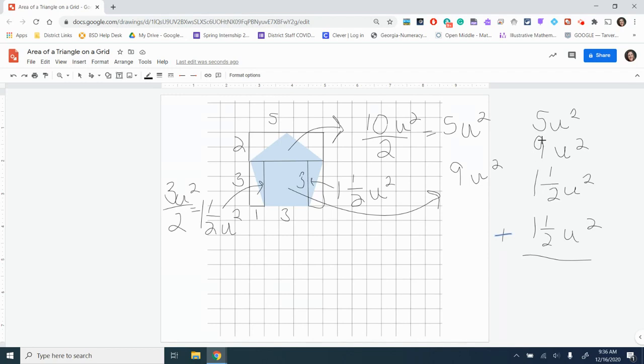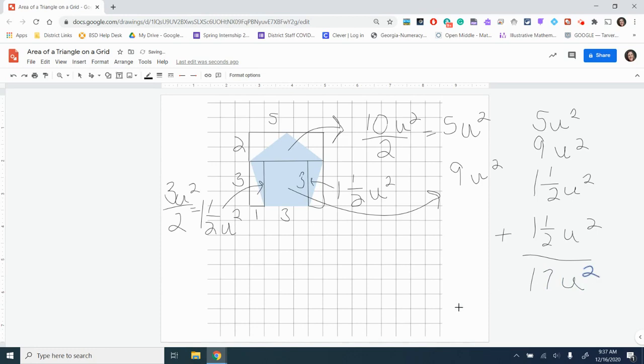And I've got 9 and 1 is 10. So here's a 10, and 5 is 15, 16 plus that whole. There is an area of 17 square units inside that pentagon.